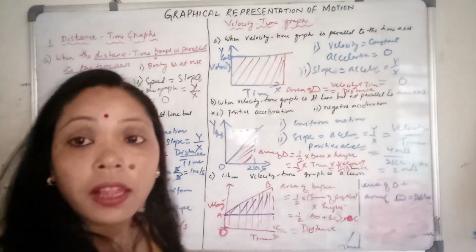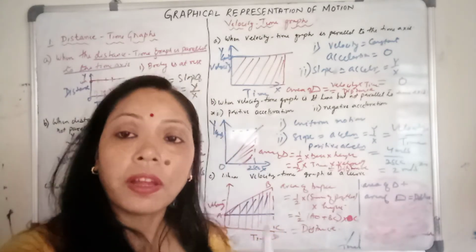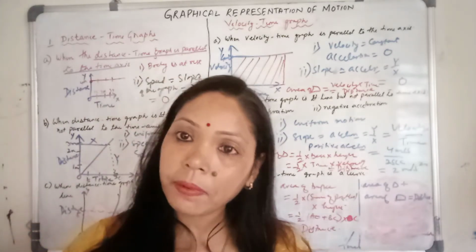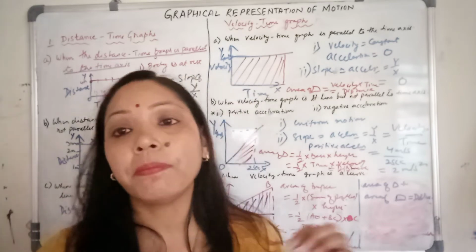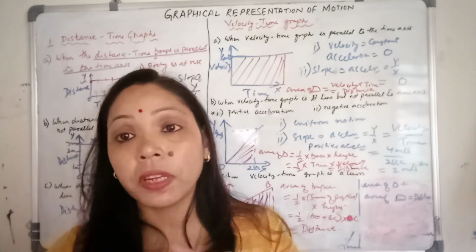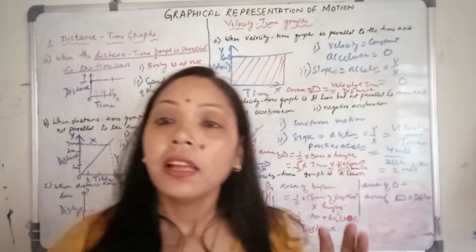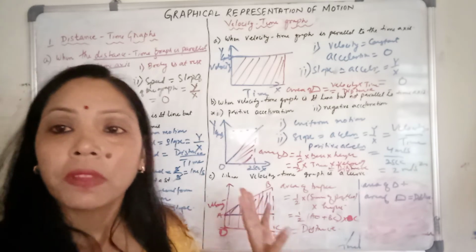I mean to say, if you find the area covered by the velocity time graph, whatever it be, it may be a triangle, a rectangle, a trapezium, or a combination of triangle and rectangle, that one always gives you distance.